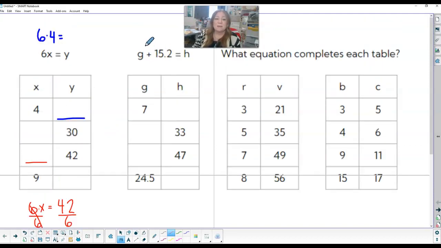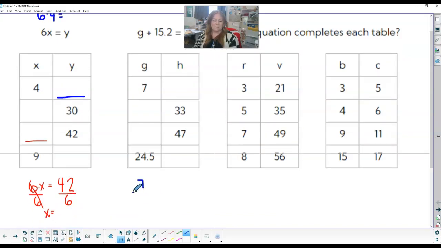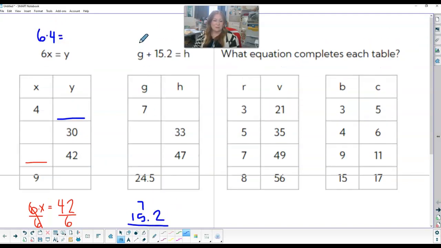Okay, this next one tells us when we have g and we add on 15.2, that equals h. So I'll help you with this one here. We have 7 is g. So I'm taking 7 and adding on, I'm actually going to stack them the other way, 15.2, and that's going to equal h, because this is 7 plus this is h.